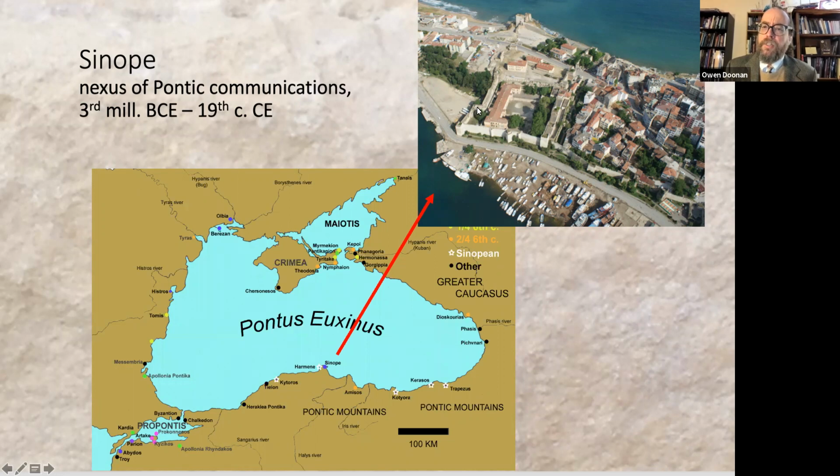That's the end of the ancient wall. The rest of this is all, for the most part, Middle Byzantine and Ottoman, Seljuk and Ottoman. So we'll be focusing on the ancient, the Hellenistic wall for the most part.